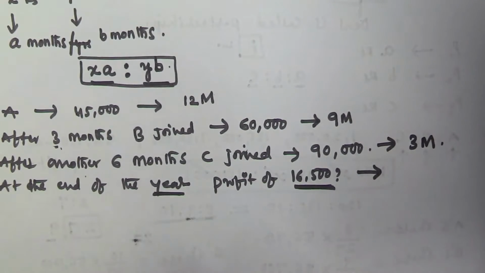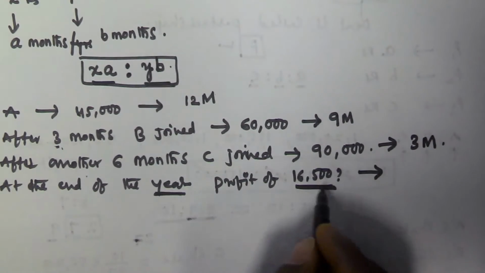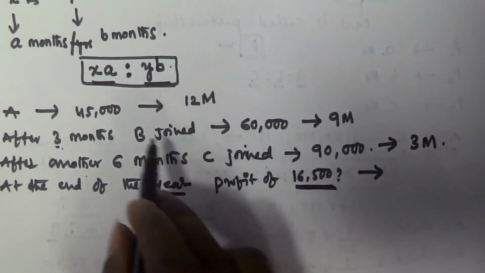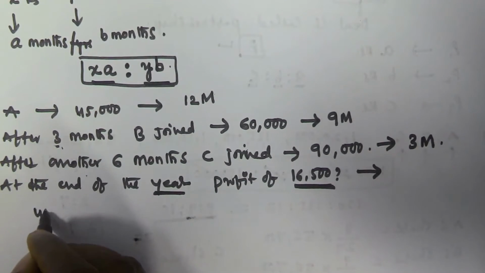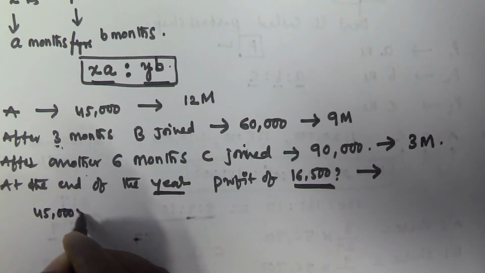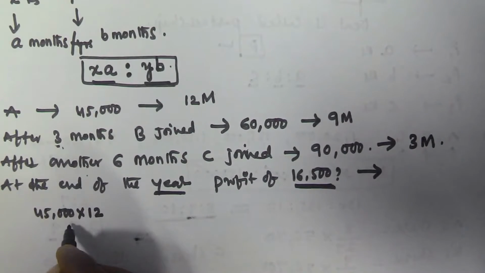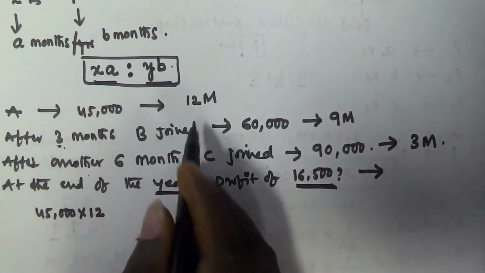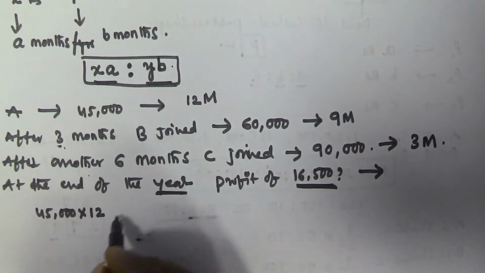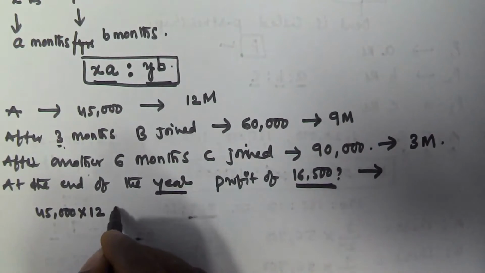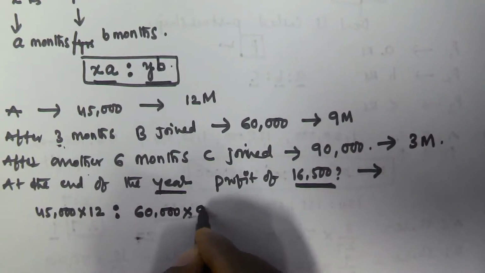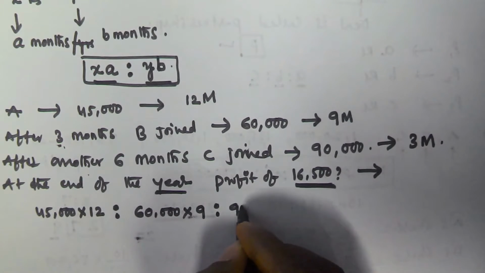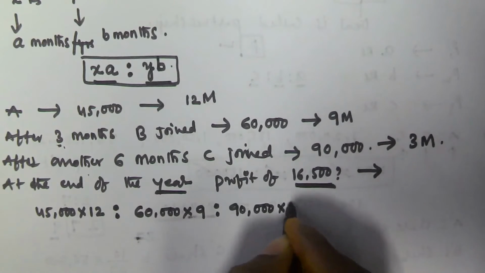Now the profit must be divided between A, B and C in the ratio 45,000 into 12, because the capital invested and the number of months must be multiplied, then 60,000 into 9, and 90,000 into 3.